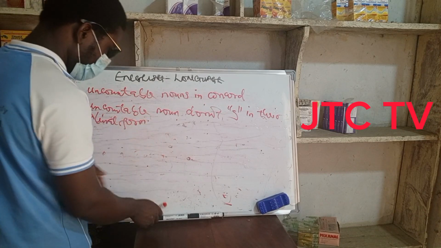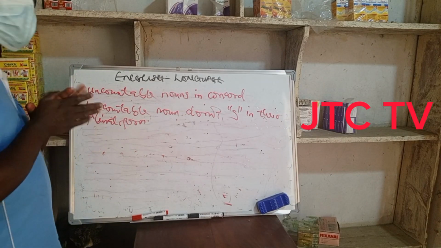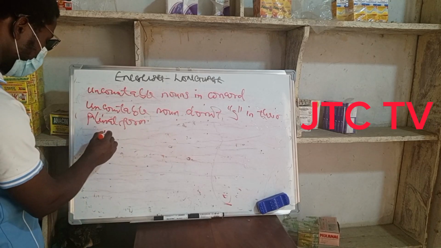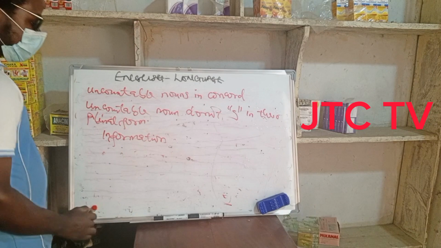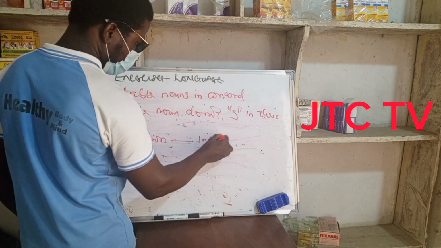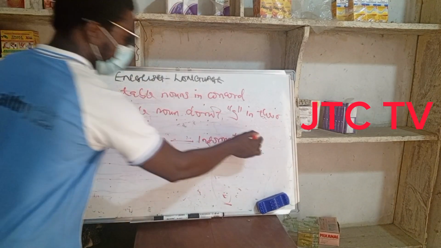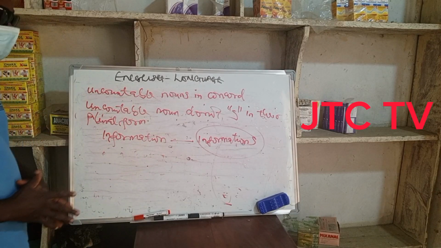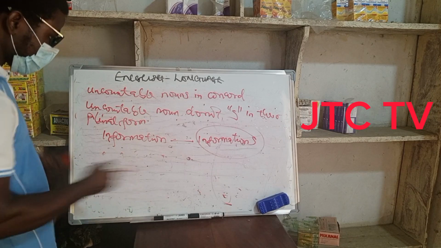If you want to pluralize an uncountable noun, you don't add X. It is wrong. For example, when you have information, some persons would want to pluralize it as informations. They will add X. This is wrong. It's not acceptable in the English language.